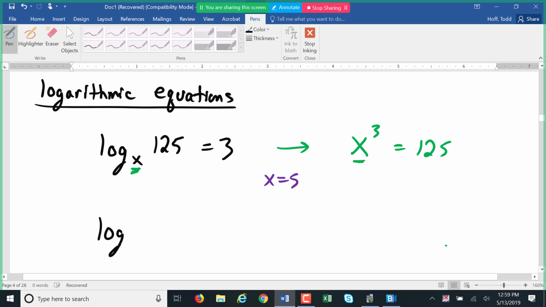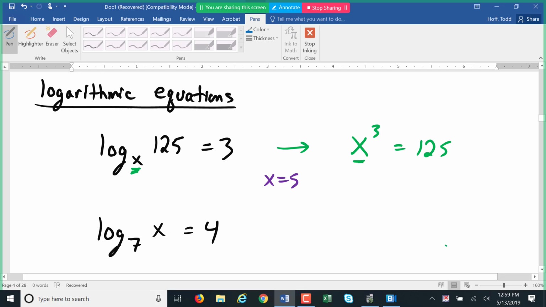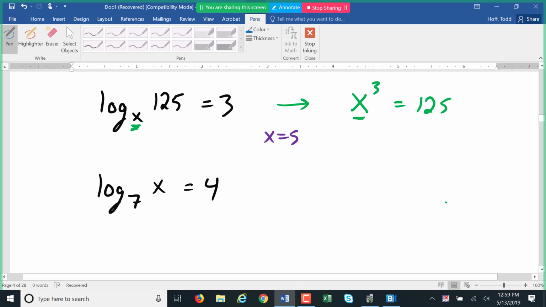Or we had log base 7 of x equals 4. This one's actually relatively simple to figure out because what is the corresponding exponential form of that?